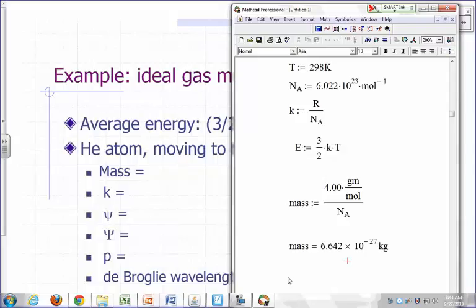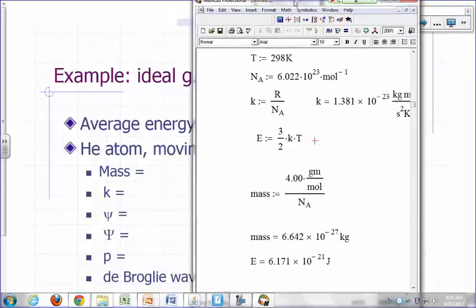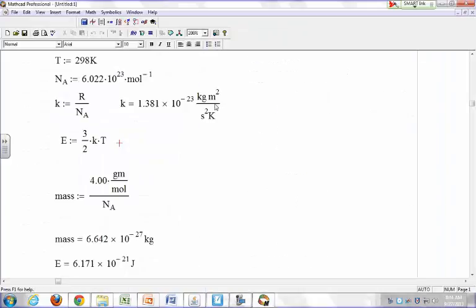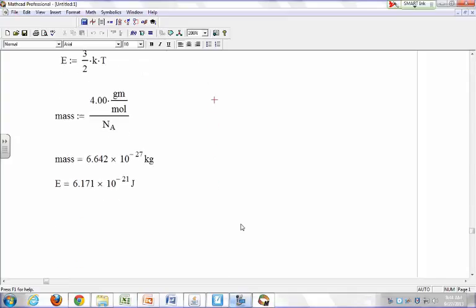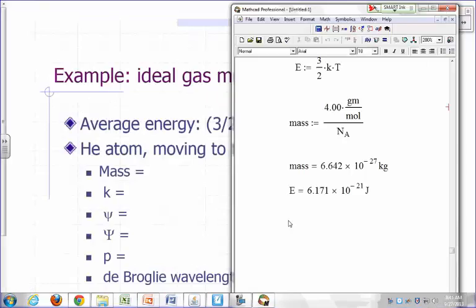And what's our energy? 6.171 times 10 to the negative 21 joules. Boltzmann's constant is that, so that's joules per Kelvin, 1.381 times 10 to the negative 23rd. And what else are we supposed to do?